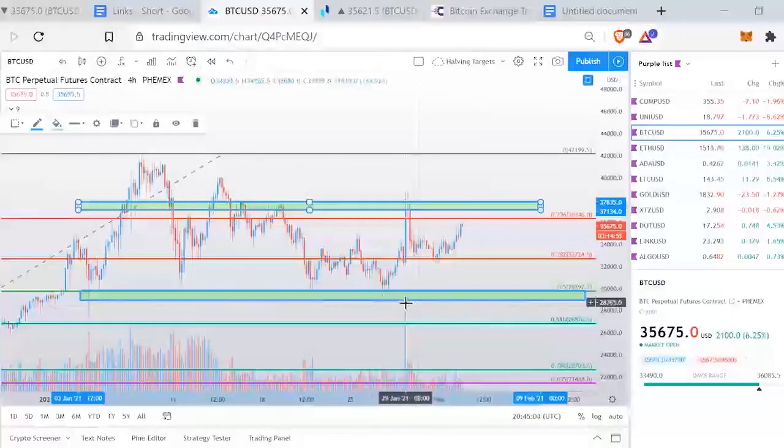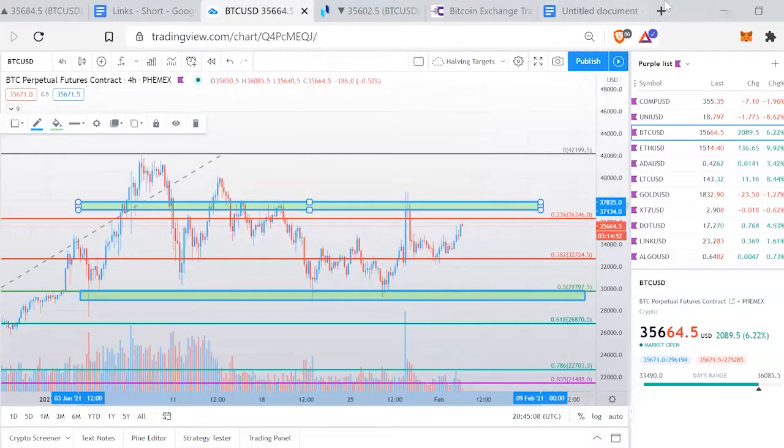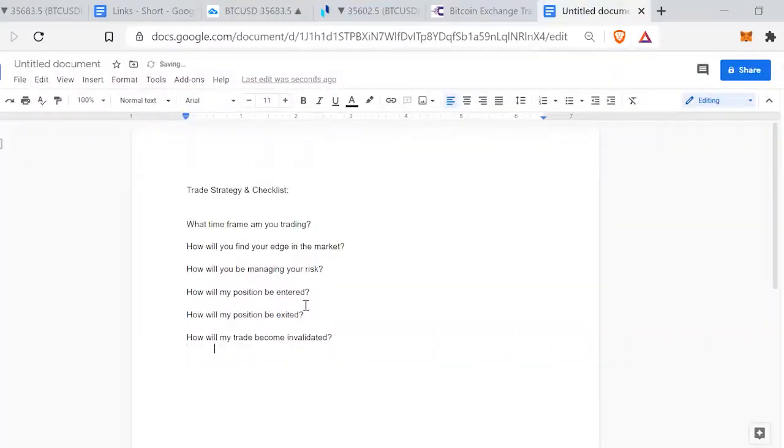Figure out, okay, if we do close below resistance or support. So here I'm going to say if price of Bitcoin closes below the support on the 4-hourly time frame, and then let's say we want a double closure for our invalidation.